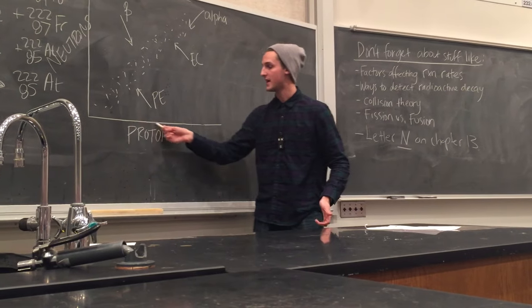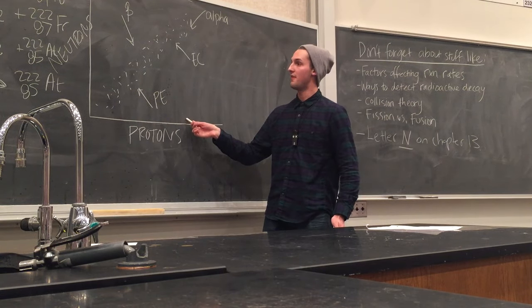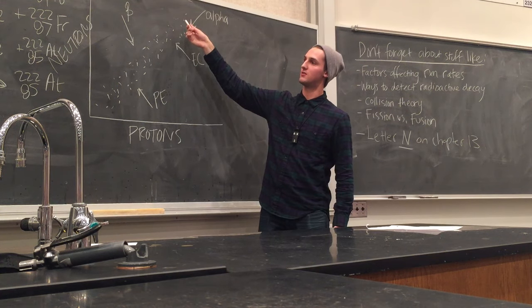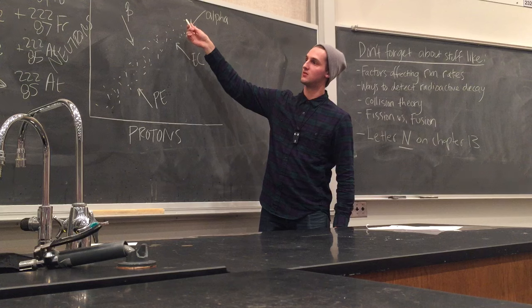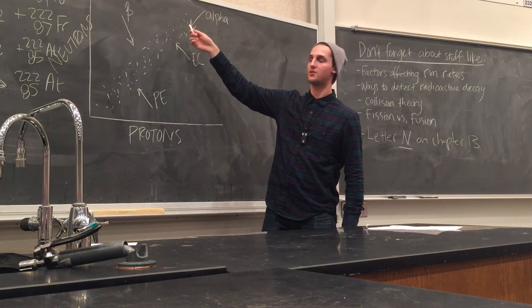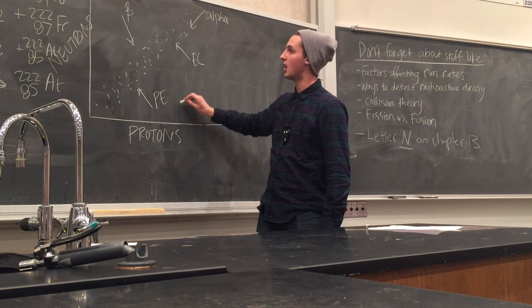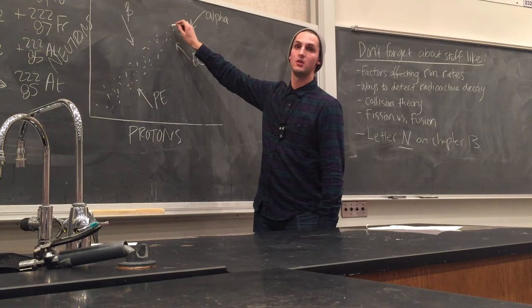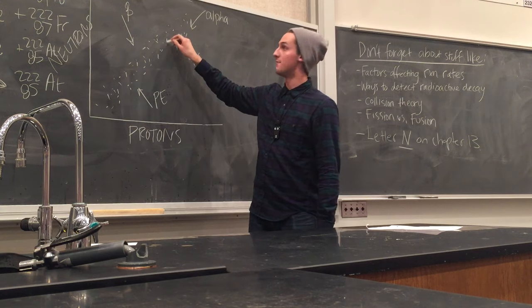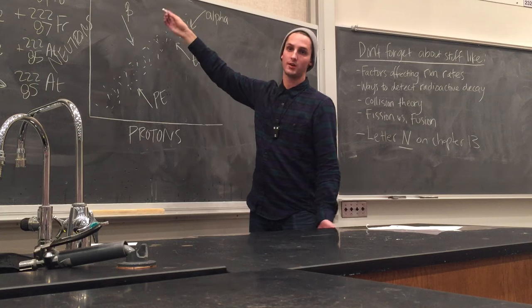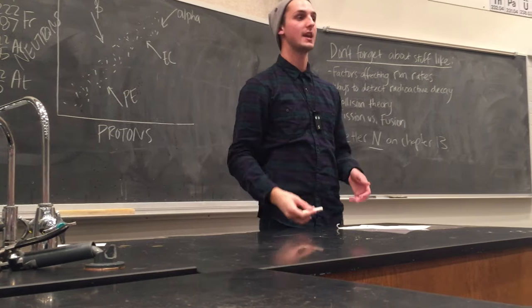I would count off 86 protons, and then I would go up however many neutrons that is. What is it? 136? Okay. So then I'd go over 86 protons, up 136 neutrons, and then I'd see where that landed. If it landed above the belt, then it would want to do beta decay, for example. So we can predict what type of decay it's going to do.